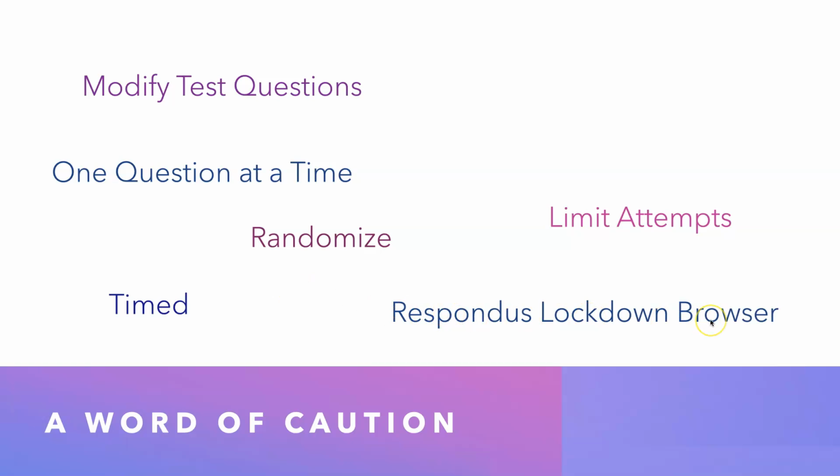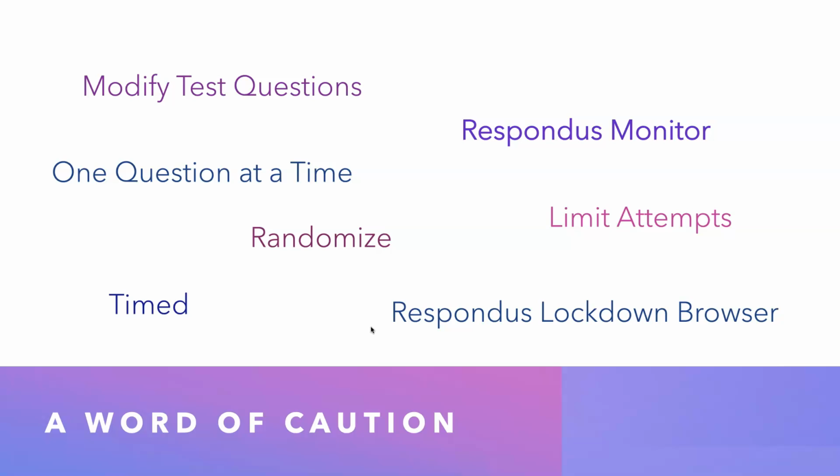Responder's lockdown browser could be a good deterrent to plagiarism. It will lock down the browser in such a way that the students will not be able to access any other online resources. And if the test warrants it, you can also use Responder's Monitor.